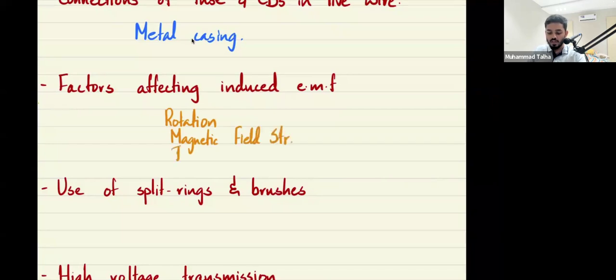And the turns as well, if you're talking about a coil. But do remember that you should treat this certain factor with a lot of special consideration, because this is the only factor which also increases the amplitude and the frequency of the induced EMF, right? If the rotation gets faster, the amplitude also obviously increases by Faraday's law, that more field lines are cut, but the frequency also goes up.